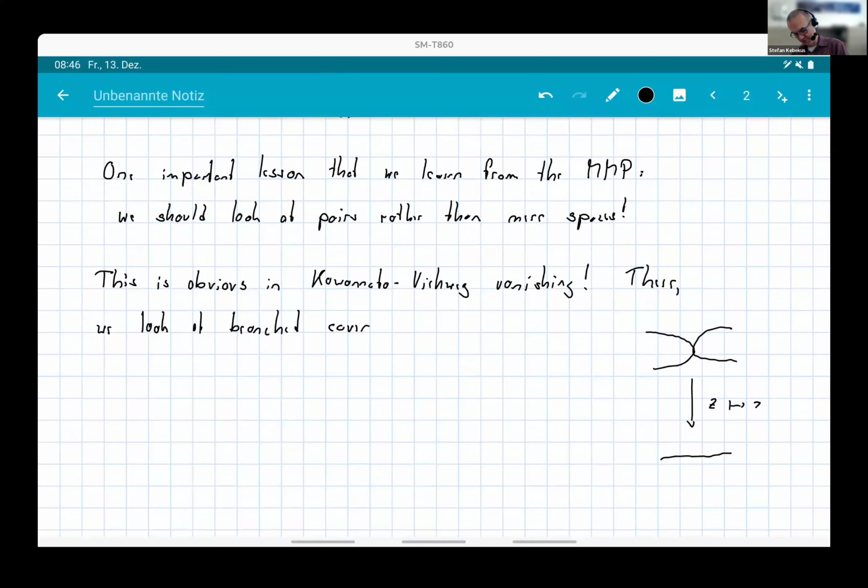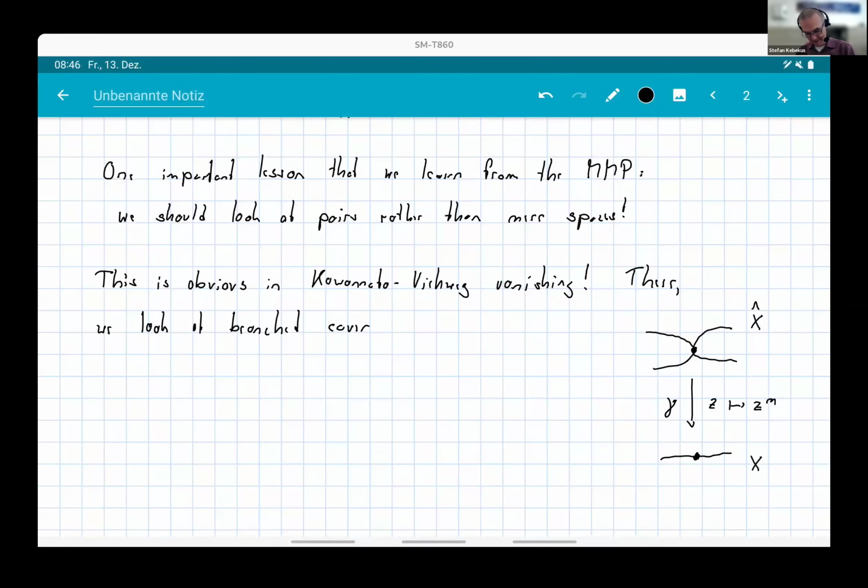Z goes to Z to the m. Branched cover, it goes from X hat to X. Locally at the generic point of the branch locus or ramification locus, it basically will look like so. You might add some more coordinates.